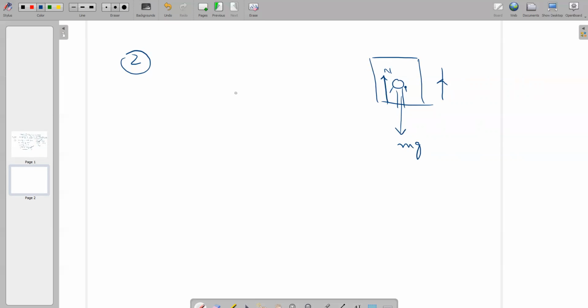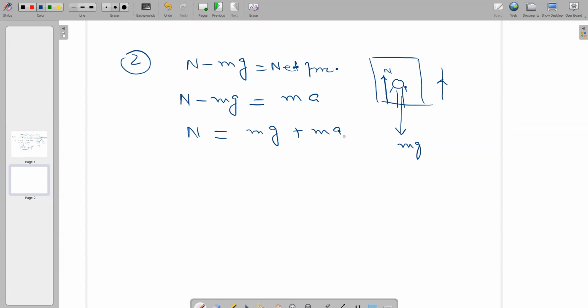When the elevator is moving up, we can write the equation N minus mg is equal to net force, which is ma, and N is equal to mg plus ma, or N is equal to m(a plus g).